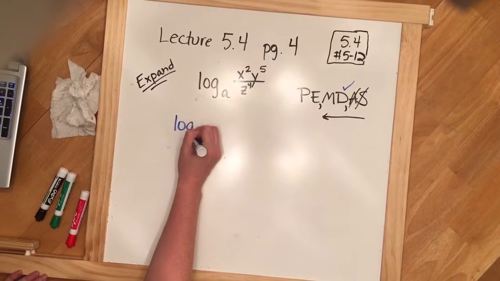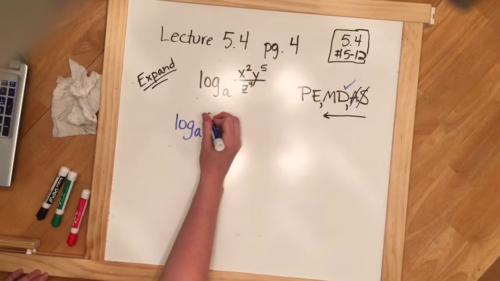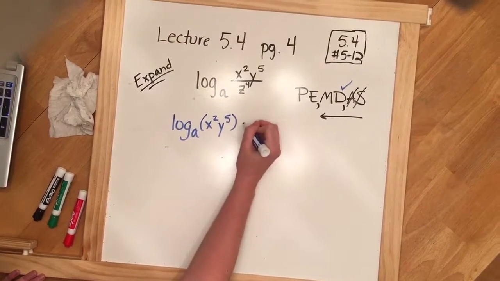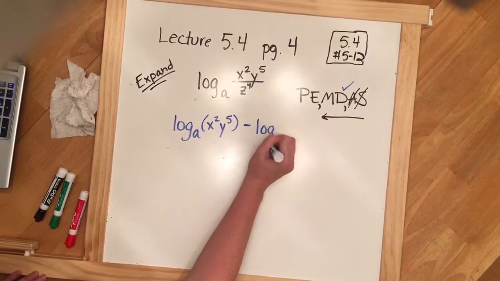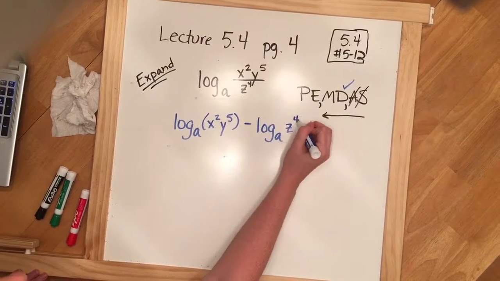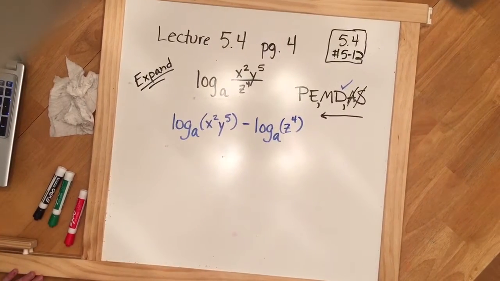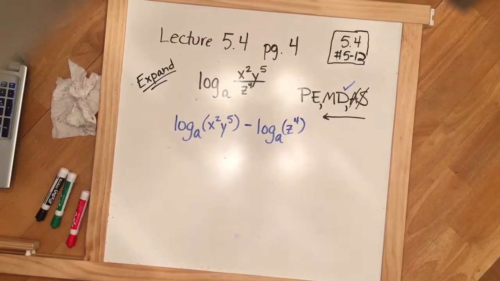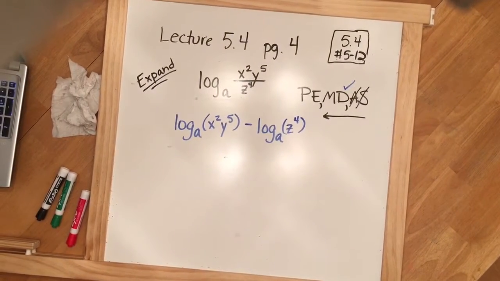So we have log base A of the numerator, x squared y to the 5th, minus log base A of z to the 4th. And so we use the quotient rule to break up the division with subtraction into two logarithms.